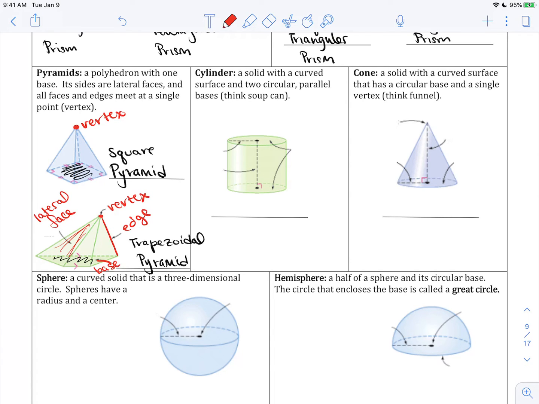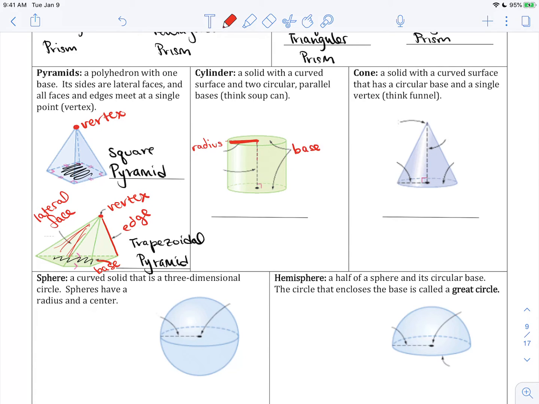Cool. Then we have cylinders. Cylinders are a solid with a curved surface and two circular parallel bases. So we see our circular bases here. So those are our bases, the circles, right? We know all circles meet at a center point and then are equidistant. The edge is equidistant from the center. That's called the radius.